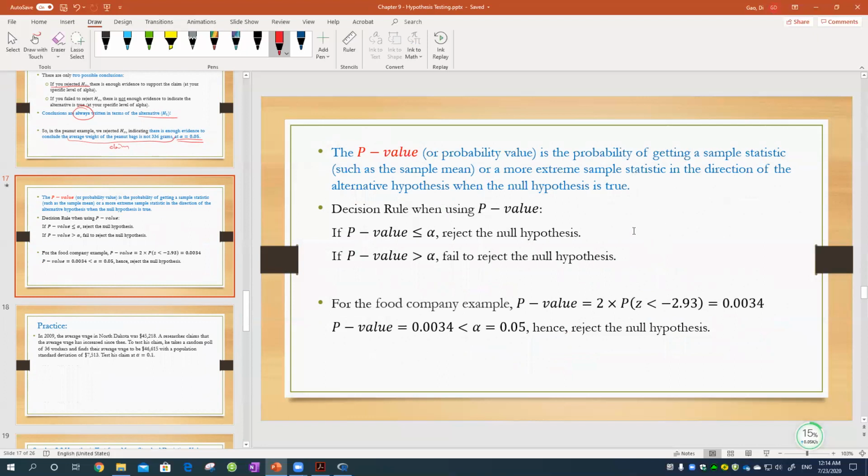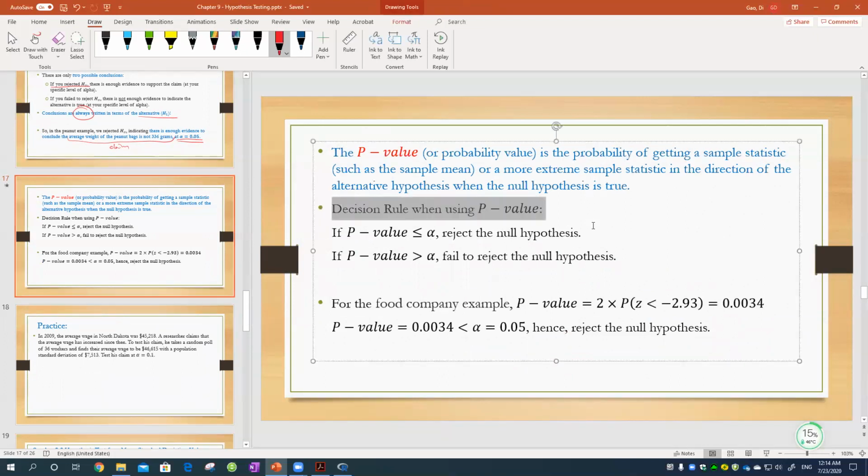So we have the decision rule when using the p-value. When we calculate that probability to be small, smaller than what, the type 1 error, then we are going to reject the null hypothesis. If that p-value is more than the type 1 error, then we fail to reject the null hypothesis.